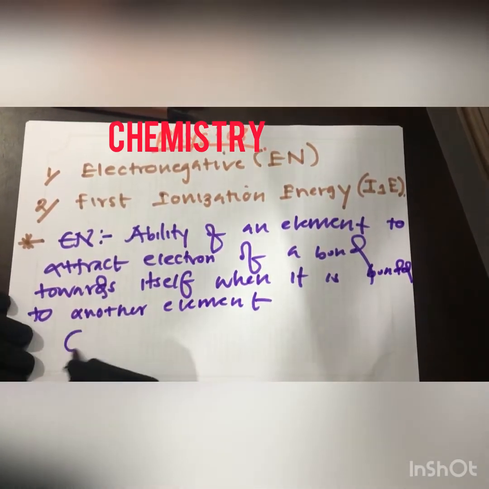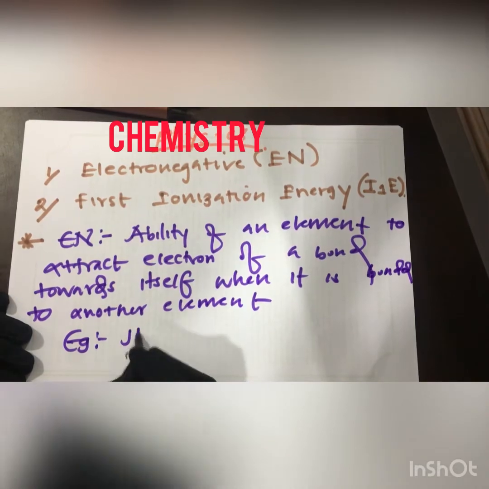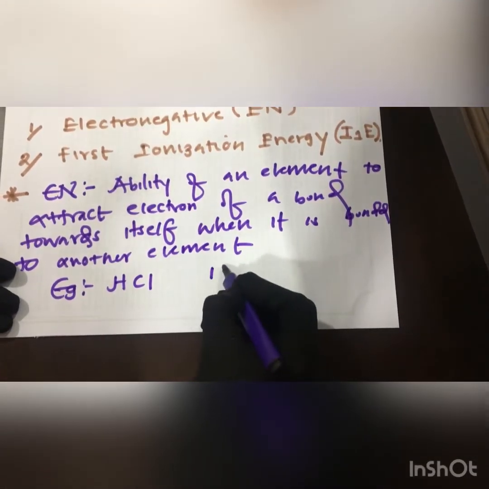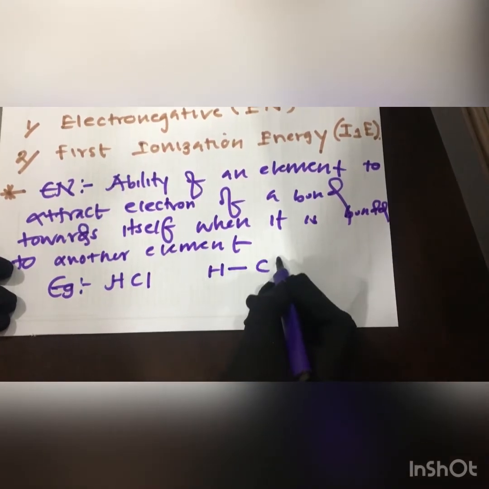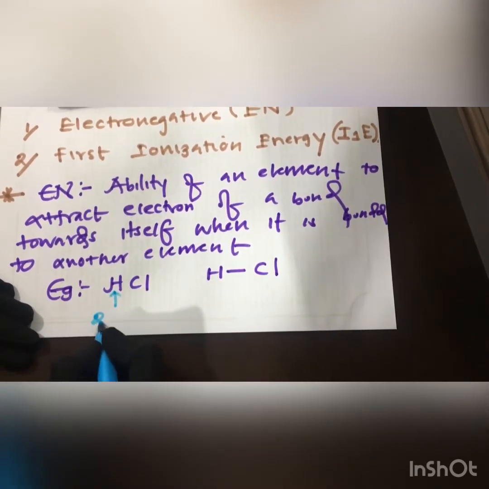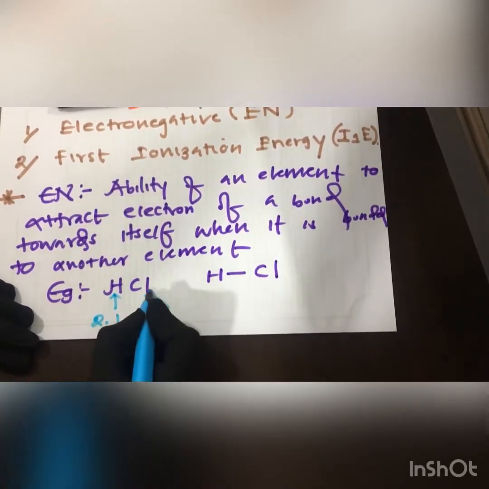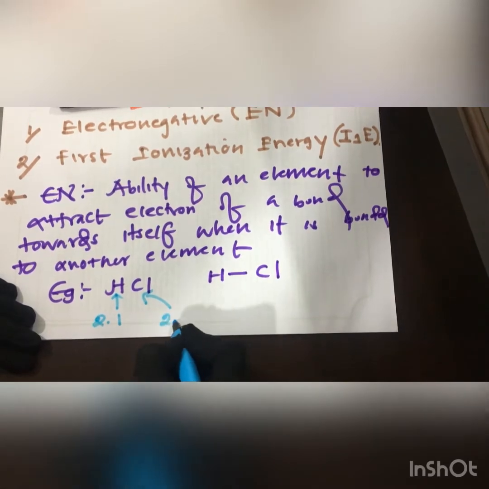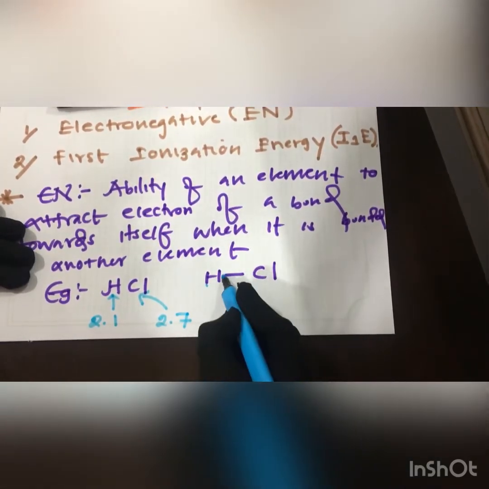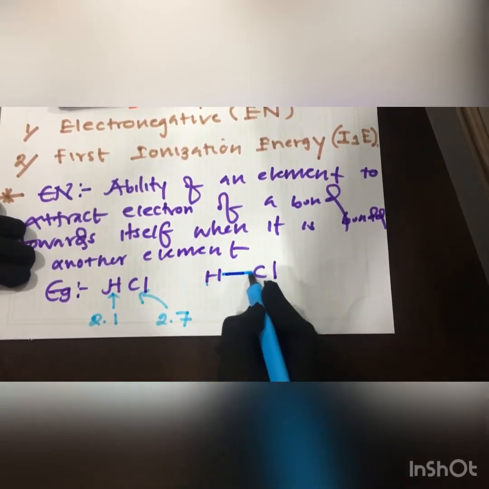Now for an example, we'll take hydrochloric acid, that is HCl, bonded like this. We learned that hydrogen has an electronegativity value of 2.1, and chlorine has an electronegativity value of 2.7. Hydrogen and chlorine are bonded, so I have drawn this line.